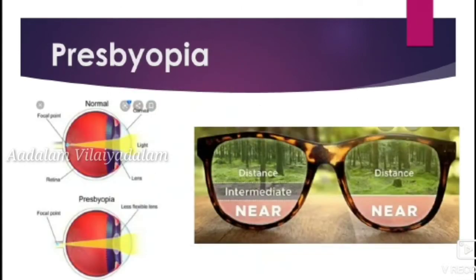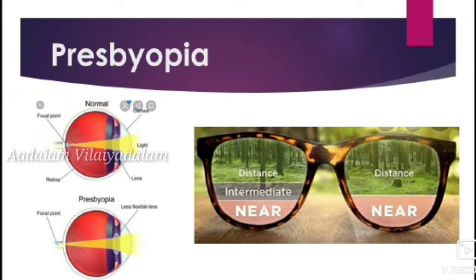And next one is presbyopia. Due to aging, the ciliary muscles of the eye become weak, because the ciliary muscles are mainly responsible for the focal length of the eye lens. They become weak and the eye lens becomes rigid, that means inflexible.